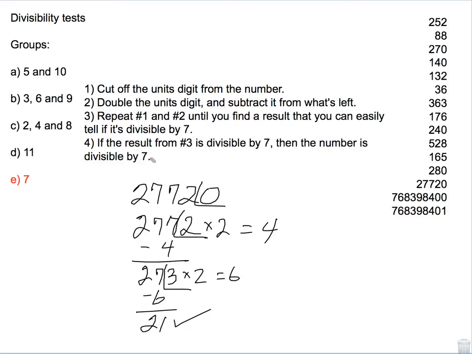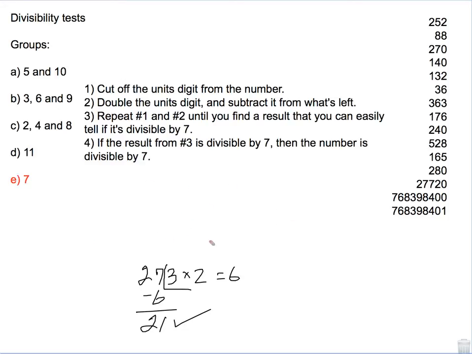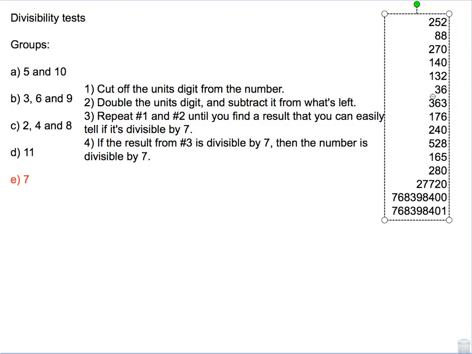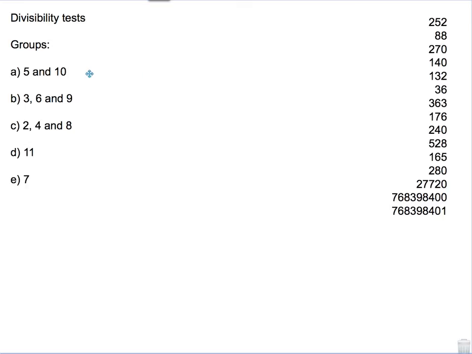Let's take a real challenge. Let's see if 768,398,401 is actually divisible by 7. And let's go on to the next page because I think we're going to need a full page to do that.